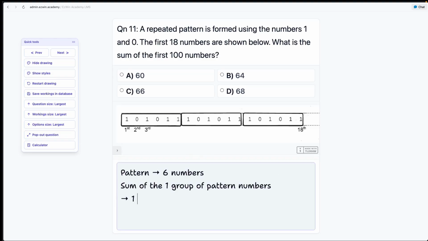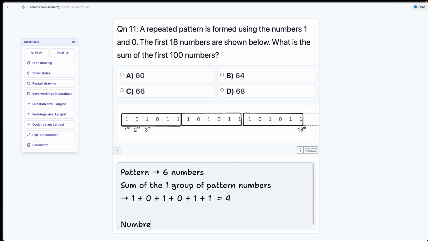So it's 1 plus 0 plus 1 plus 0 plus 1 plus 1. Okay. And what would this be equal to? So this will equal 4. Okay. All right. So now we want to know what's the number of groups.